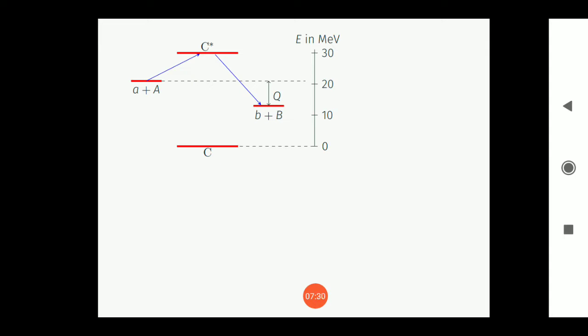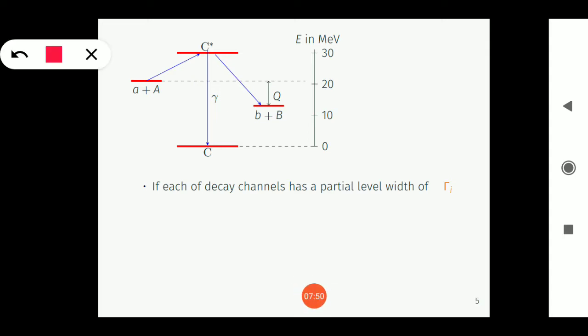So the compound nucleus can either decay to one of those states B plus B, or it can just de-excite to the ground state with the emission of gamma. That's another decay channel. Or the compound nucleus can also decay back to the same reactants A plus B. So in principle, a compound nucleus can undergo decay in any of the possible channels.